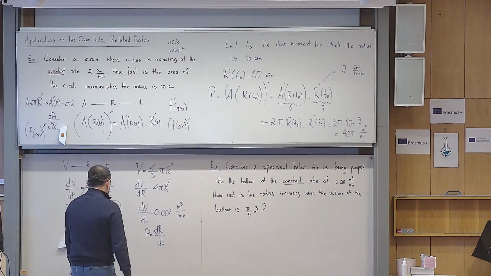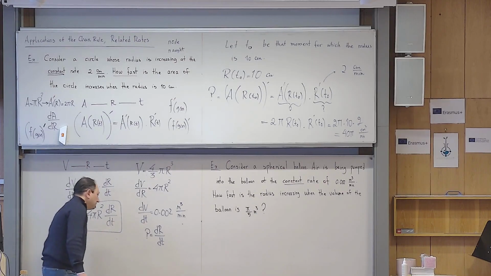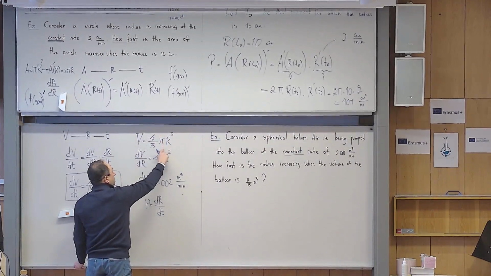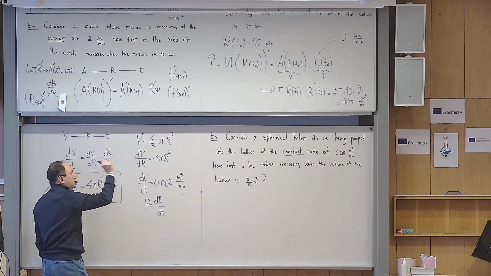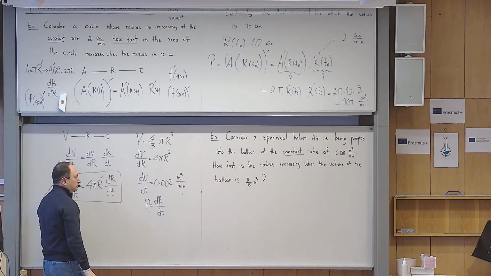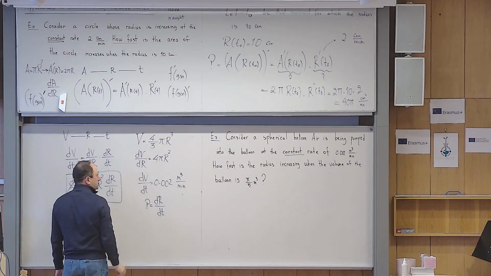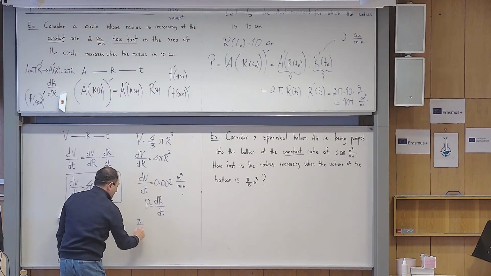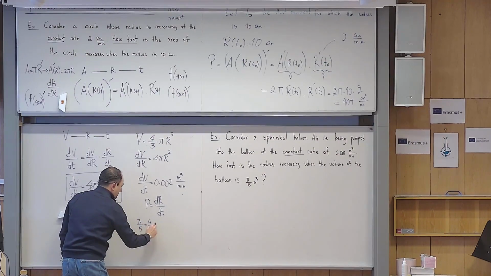So what you do before solving the problem, you have to use this formula to find the suitable R for that particular moment in time. So I replace V with this quantity: pi over 5 is equal to 4 over 3 pi R cubed.